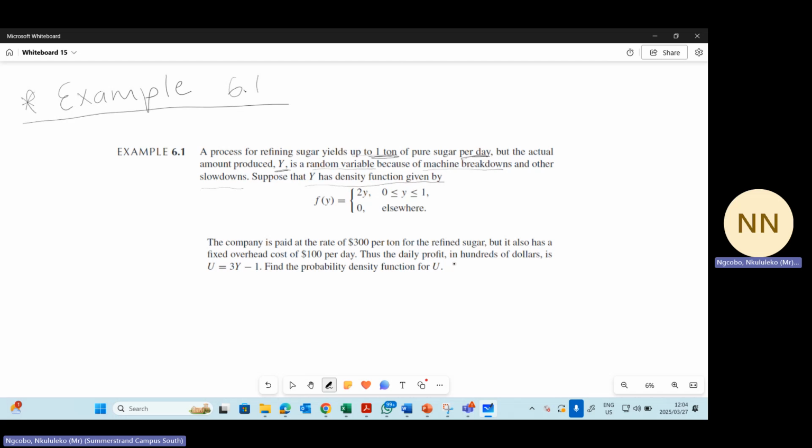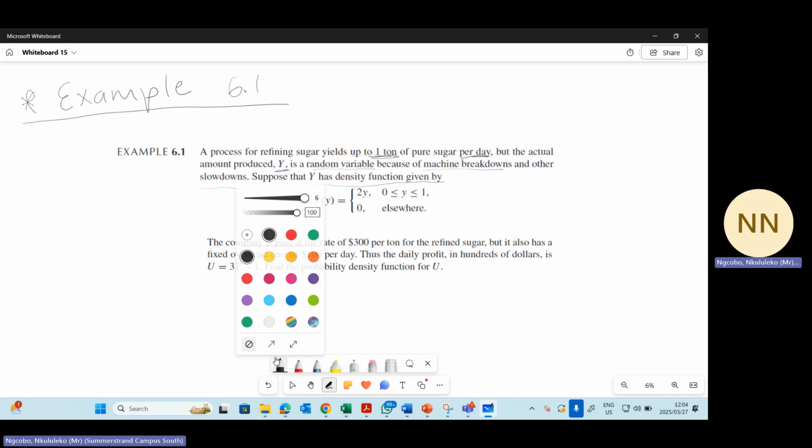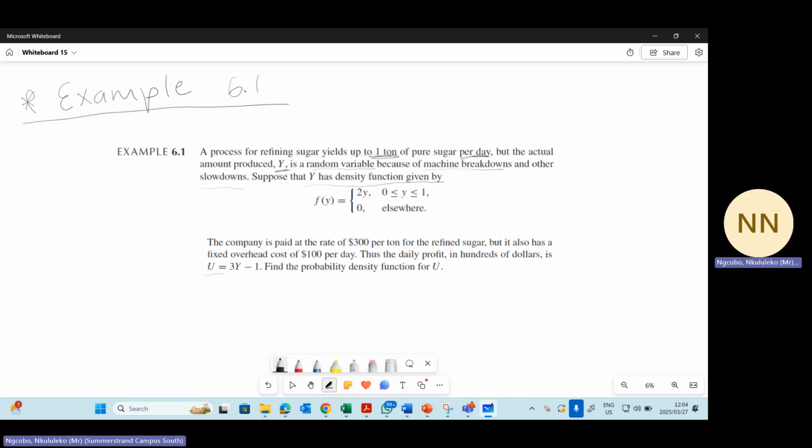Thus, the daily profit in hundreds of dollars is this. So if you look here, you're given a function U, right, which is a function of Y. Now they want you to find the probability density function for U. So they want you to find the PDF for U, right?